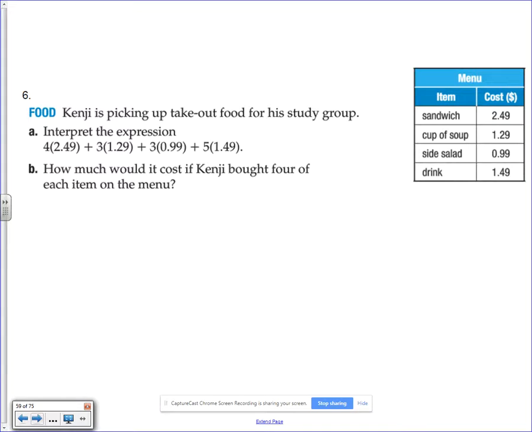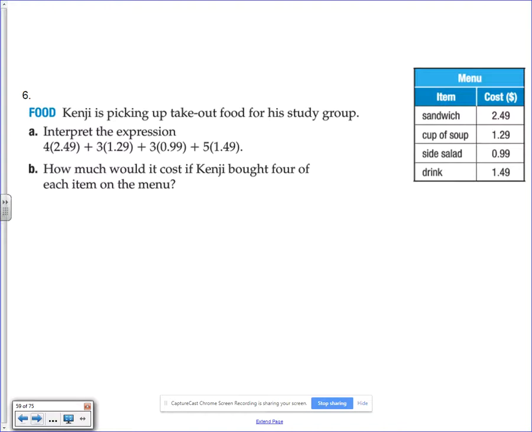From that, what did he buy? Go ahead, Trevor. Yep. 3 cups of soup, yep. 3 salads. 5 drinks. Everybody see where he got that from? Yes or no? Okay, I don't need you to write it. We just needed to talk about it. But then you would evaluate that, and that'd be his total bill.